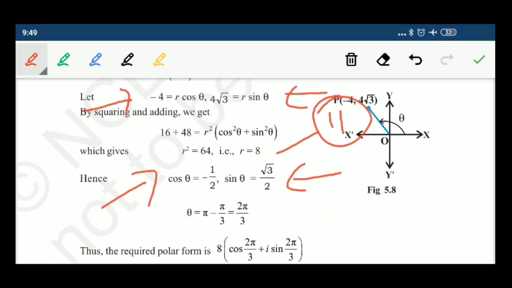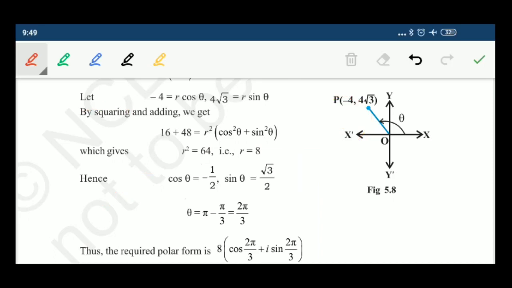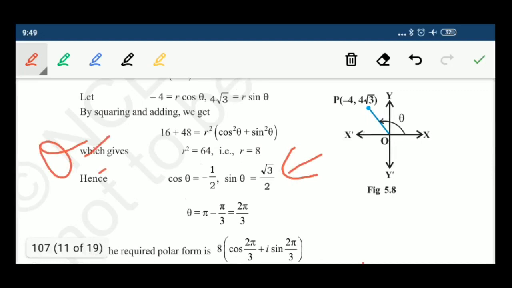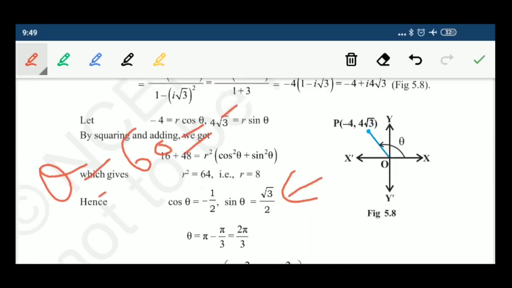So after confirming it lies in the second quadrant, you will take this value, sin theta is equal to under root 3 by 2. From here you will find the value of theta, and the value of theta is equal to 60 degrees or pi by 3.